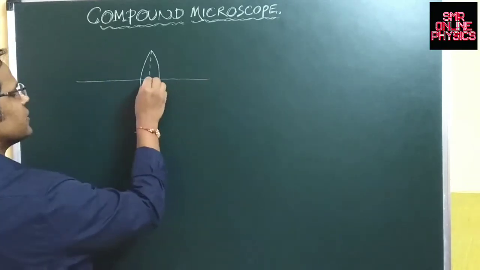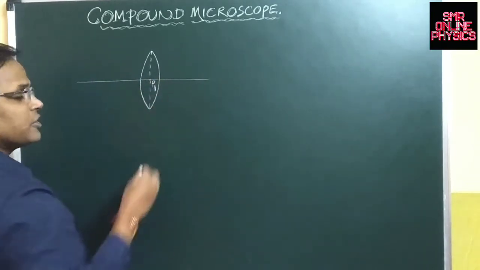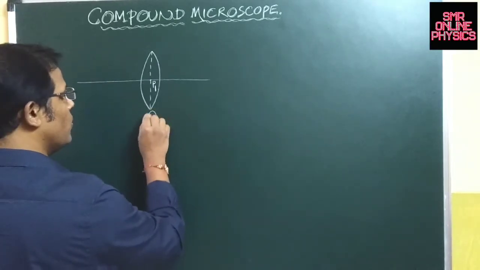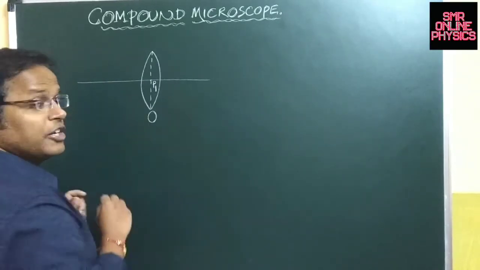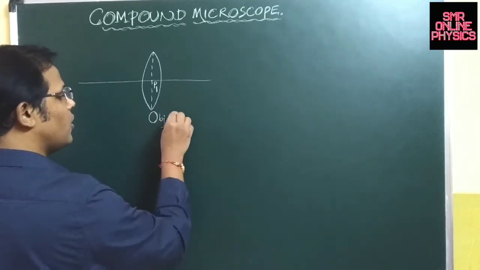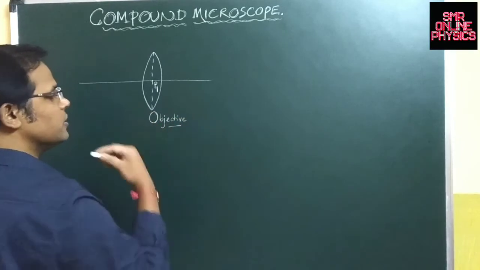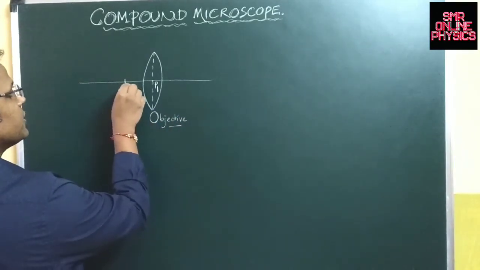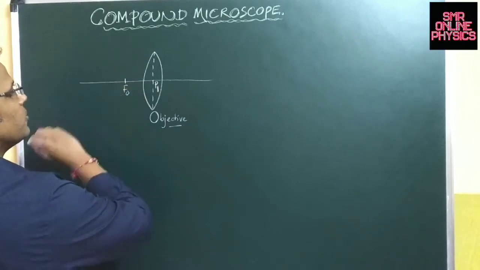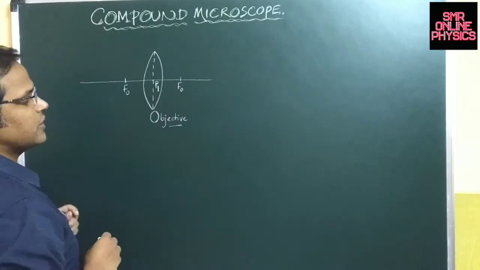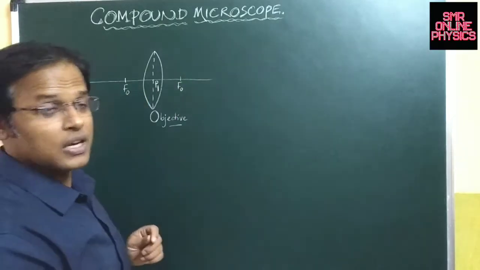So hence the name O. O will always remind you that this is also called the objective of the compound microscope. Right. So it has a smaller focal length. Please mind it. I'll keep on reminding you by putting these Fo wherever necessary, so that will be indicating the focal length.